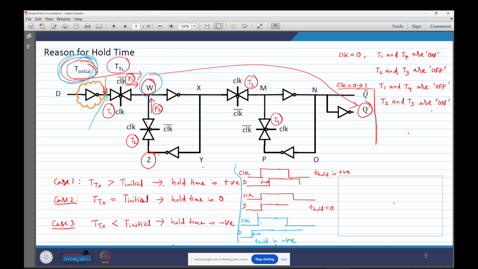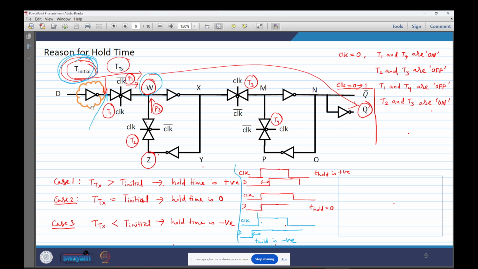Basically, the main point here is that whenever this T1 is closed, your data at the W node is safe, and there is no hold violation. If the delay of Tx is less than T initial, it means T initial is larger.